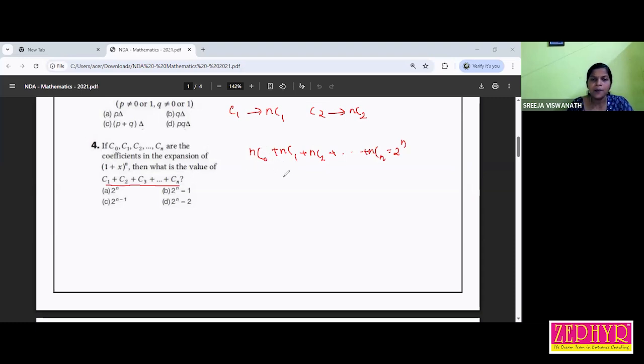And from here, NC1 plus NC2 etc. up to NCn equals 2 raised to n minus 1, since NC0 is 1 and can be carried to the right side. Two raised to n minus 1. Next question.